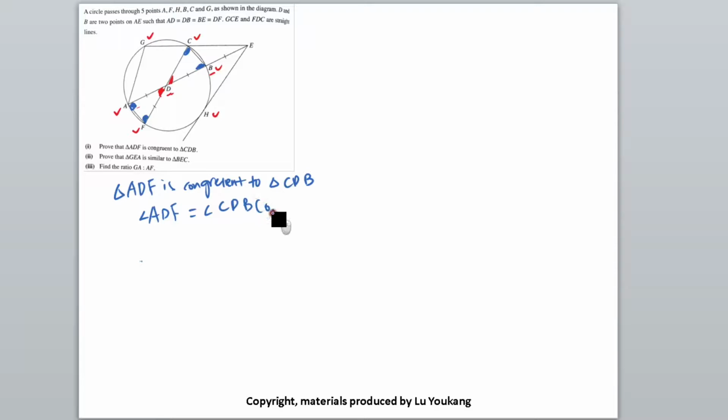First, my angle ADF is equal to angle CDB, opposite angles. And next, my angle DAF is equal to my angle DCB, angle in same segment.